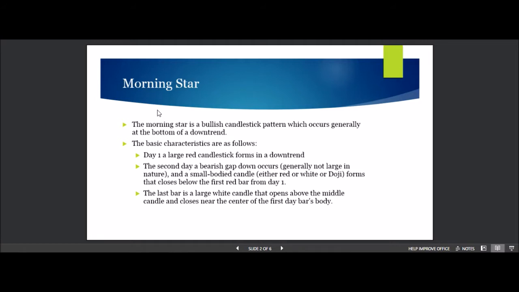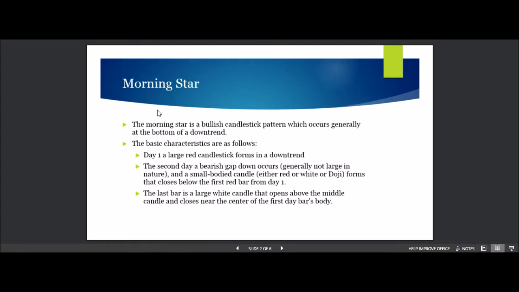The second day, a bearish gap down occurs, generally not large in nature. It's not a massive gap down, but a gap down nonetheless. And a small-bodied candle, either red, white, doji, black, it doesn't matter, forms and closes below the first red bar from day one. So day one you have the big red candle.